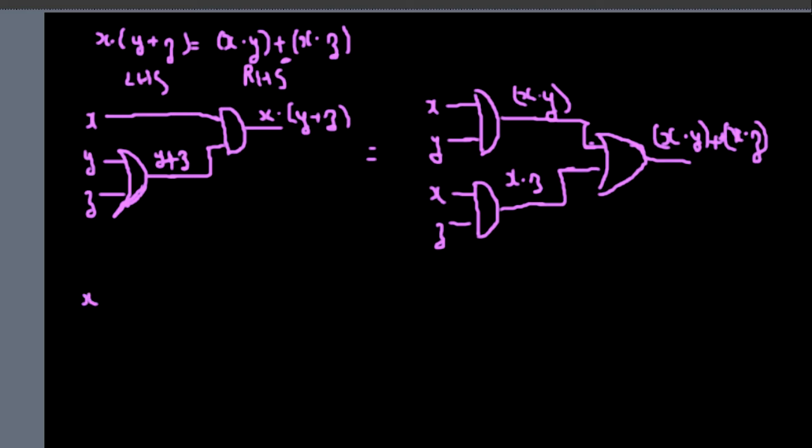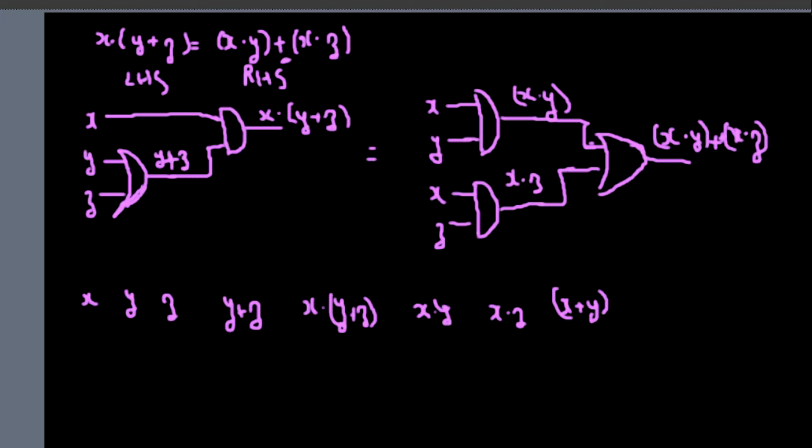You can take x, y, z and find y plus z. After finding y plus z, you will multiply it with x, giving x into (y plus z). Then you need to verify the RHS as well, so we'll find x into y separately, then x multiplied with z, then we'll add these two.